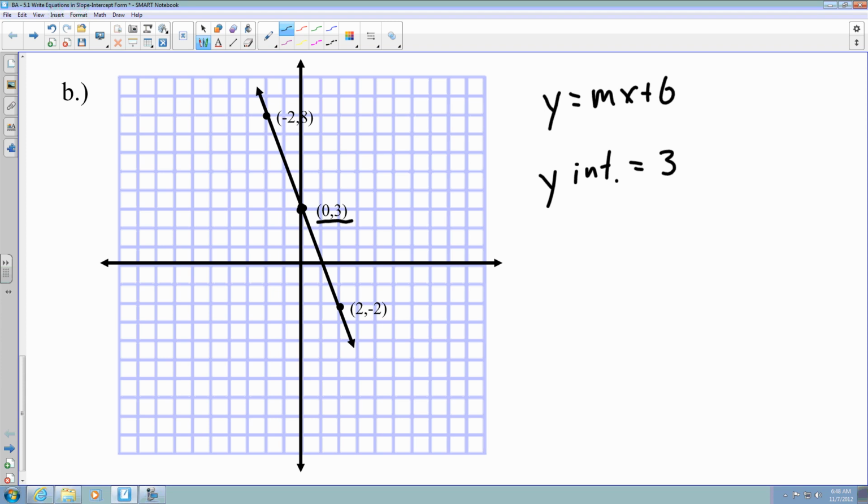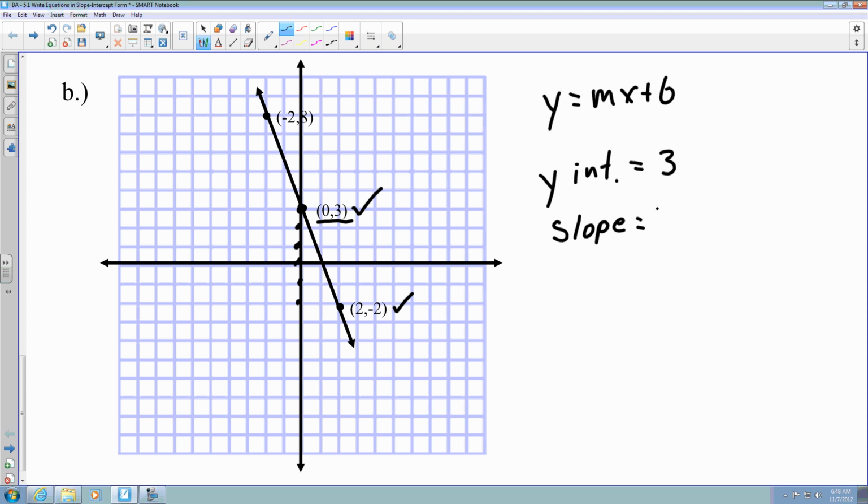And I'm just going to count the graph to find the slope. So I'm going to start with 0 comma 3, and I'm going to see where it lands at 2 comma negative 2. Okay, so I'm going to go down 1, 2, 3, 4, 5 units.